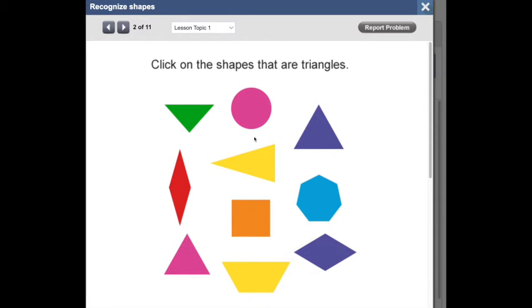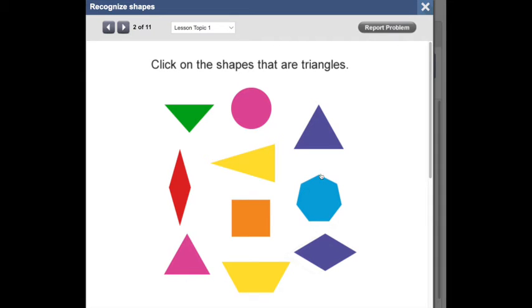That is a triangle. Okay, and here, this looks like a triangle, but let's count the angles. 1, 2, 3, 4. And the sides, 1, 2, 3, 4. That is not a triangle. So we would not click that one. This is a yes.